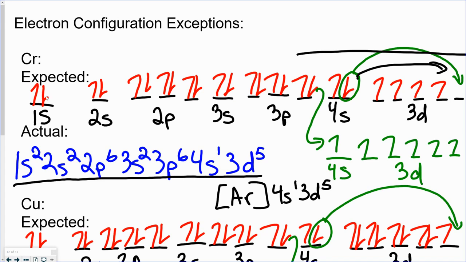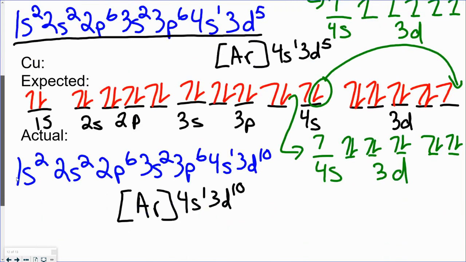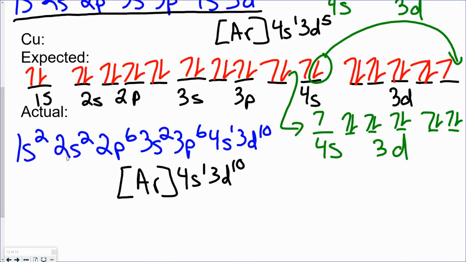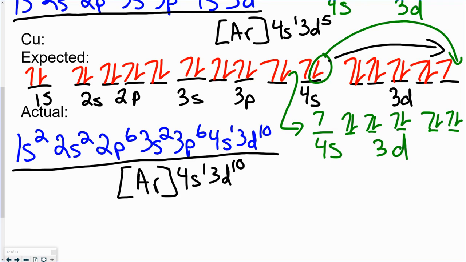The same thing happens to copper, except with this one, copper has 9 in the 3d, and it promotes one to fill the 3d. By promoting one, you get a 4s1 and 3d10.